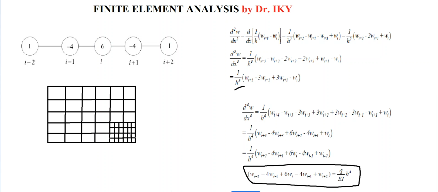And this one will focus the solution domain. This is global, all of the domain, and this one we are trying to focus here maybe. So we increase the number of the elements, and we get a finer mesh here.